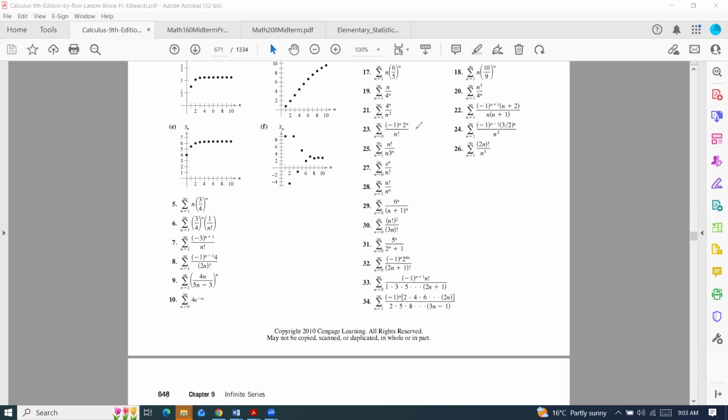And sometimes you might use the story from previous sections, sometimes from new sections. Let's say the new idea is when you have everything raised to the power of n, like in exercise 29.